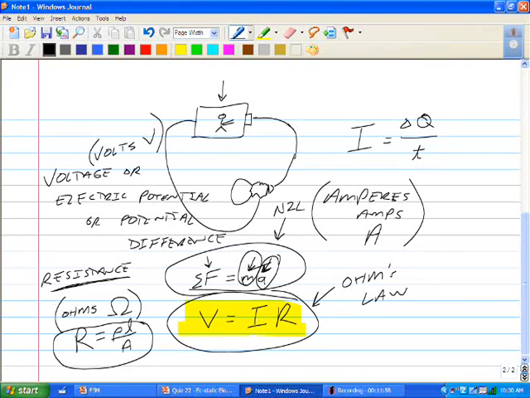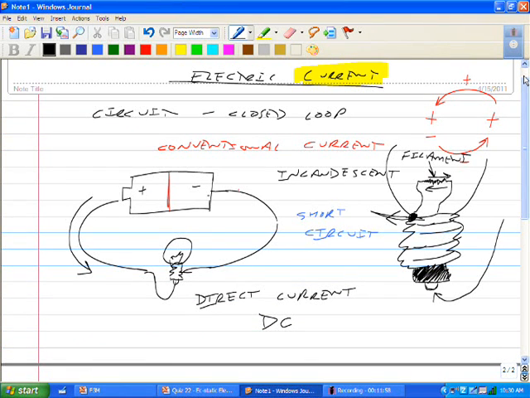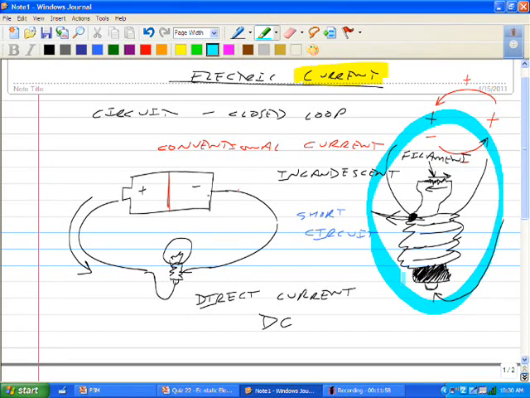So the longer wire was more resistant. Now, why does this matter right here? Somebody tell me what I just said, how it relates to that. Because the resistance of the filament is much higher than of the rest of the wires. Good. The filament is very thin, right?